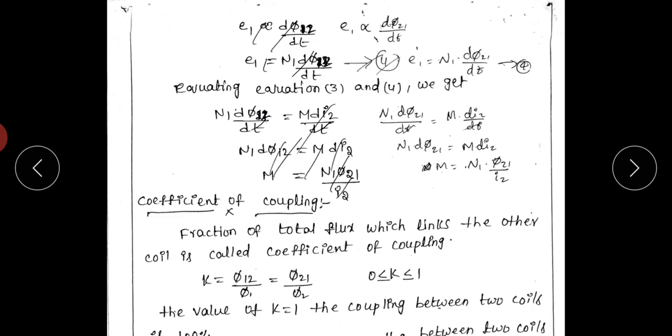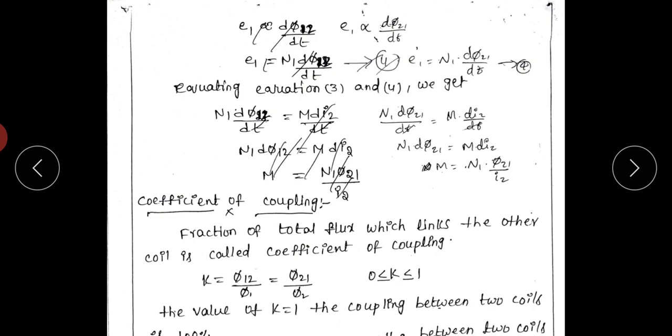In terms of flux linkages, E1 is proportional to d phi21 by dt. Phi21 is the part of the second coil flux that links with the first coil. So E1 equals N1 into d phi21 by dt.